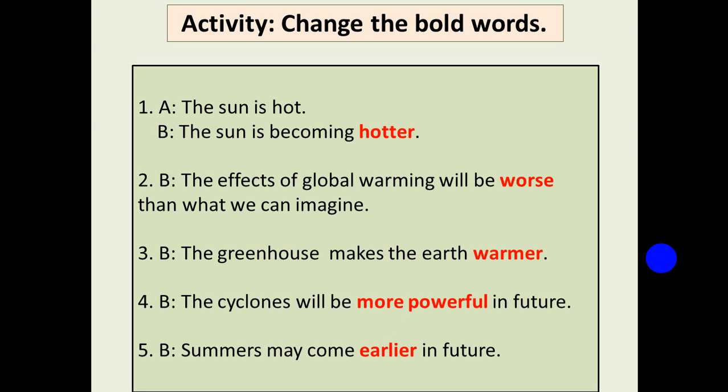The greenhouse makes the earth warmer. Number 4. The cyclones will be more powerful in future. Number 5. Summers may come earlier in future. In all those 5 sentences, you can see that there are some changes of degree, changing adjectives.